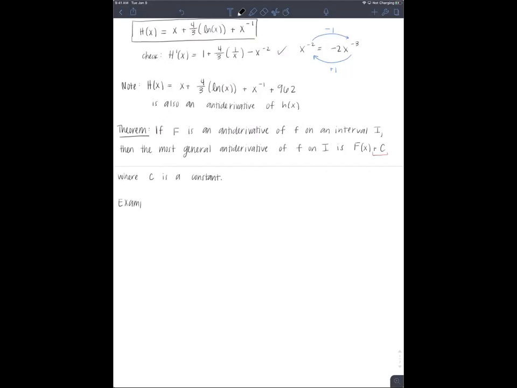Example: let's find general antiderivatives this time. The first one that we're going to look at is little f equals 1 over the cube root of x.